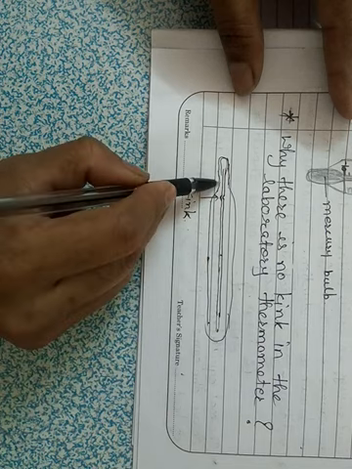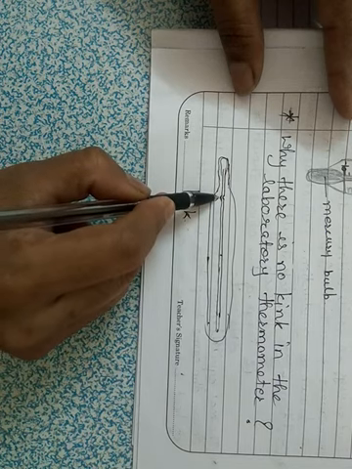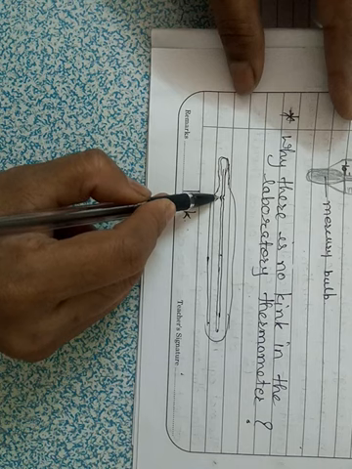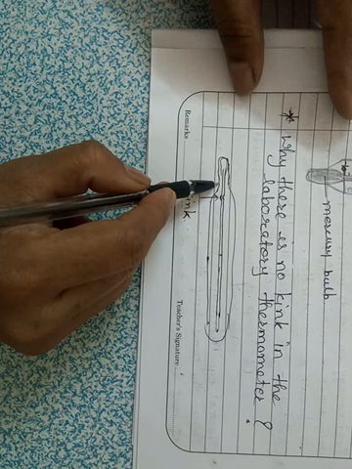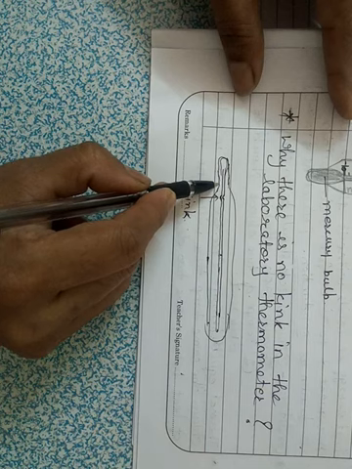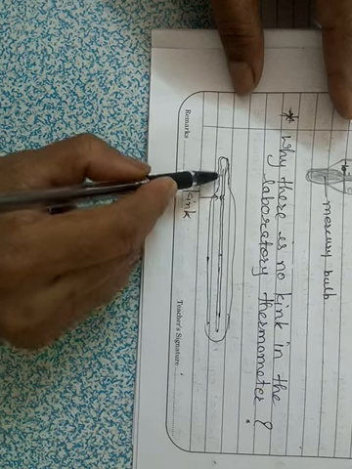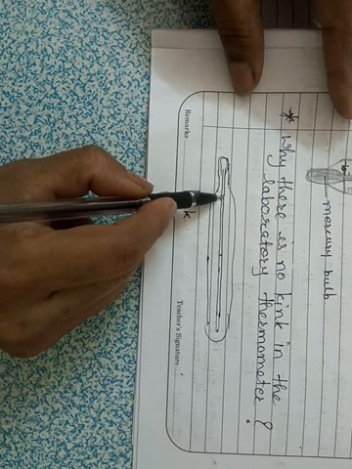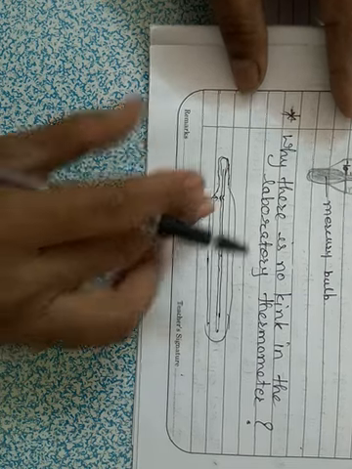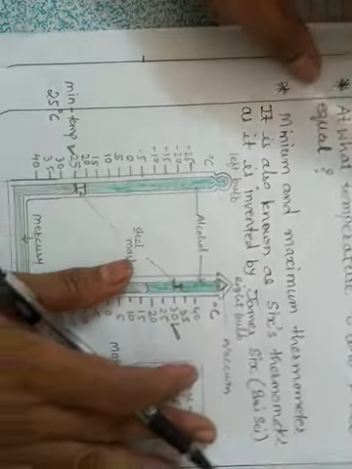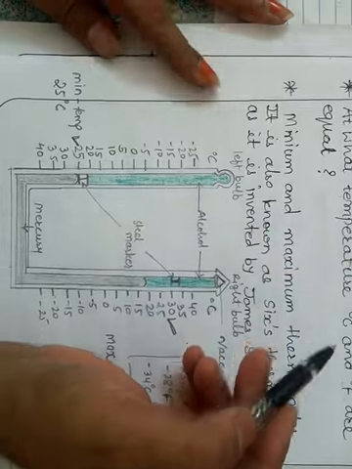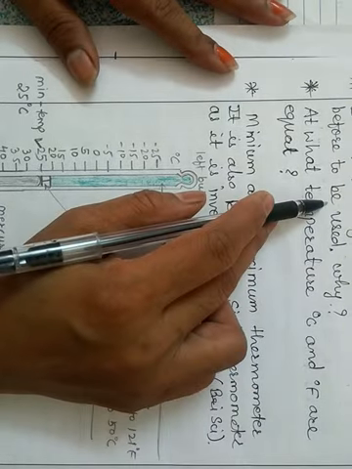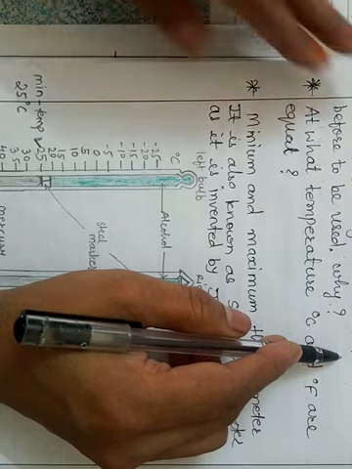The column is continuous from here, but as we take out the thermometer from the patient's mouth, the bulb contracts because it does not get the heat and does not expand, and then the mercury column in the capillary breaks at the kink. This is the reason why we have to jerk a clinical thermometer before it is used. So whenever we use this clinical thermometer, we have to give a jerk.